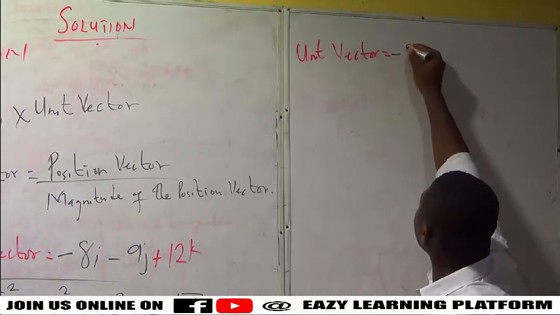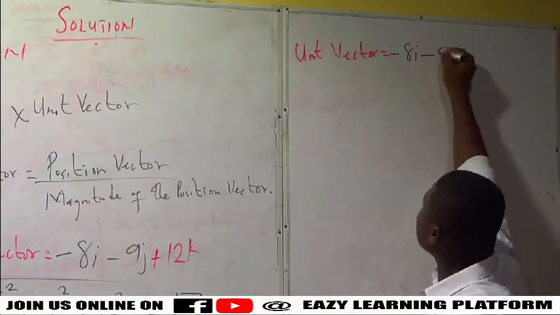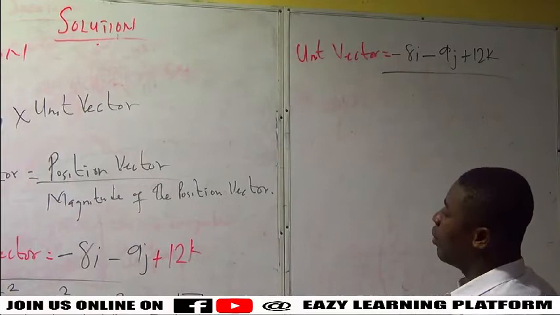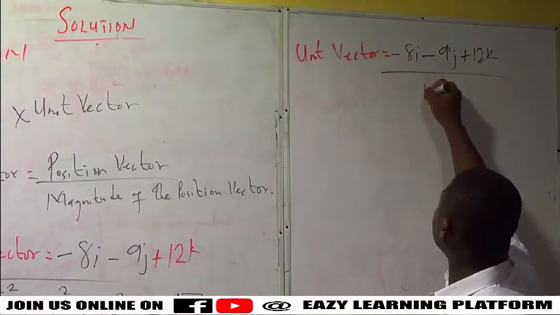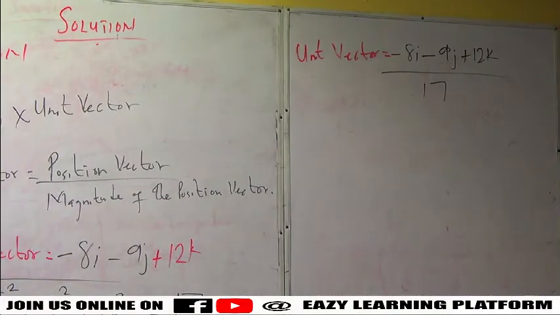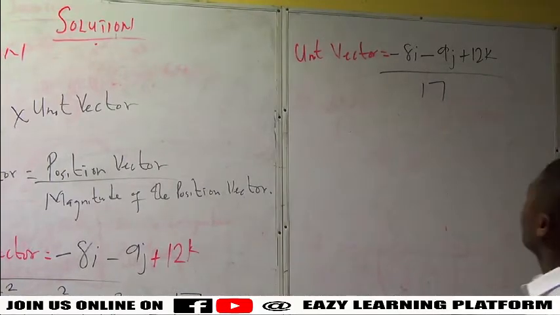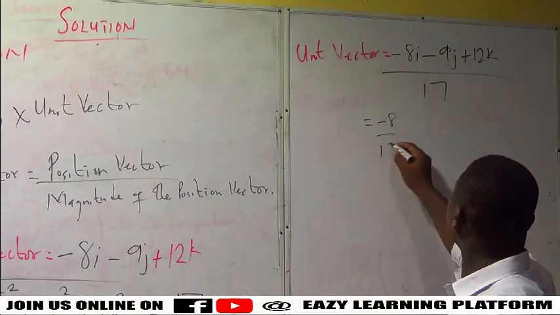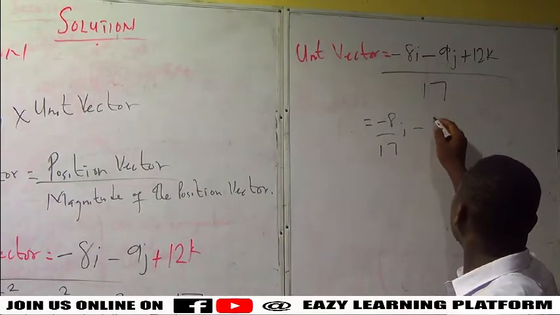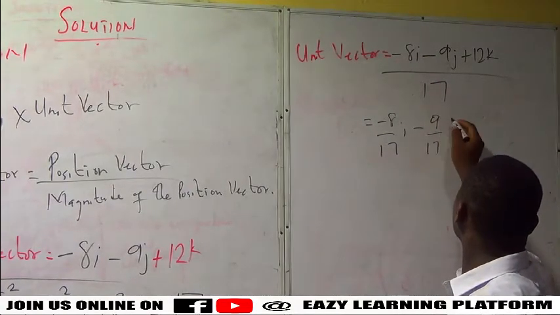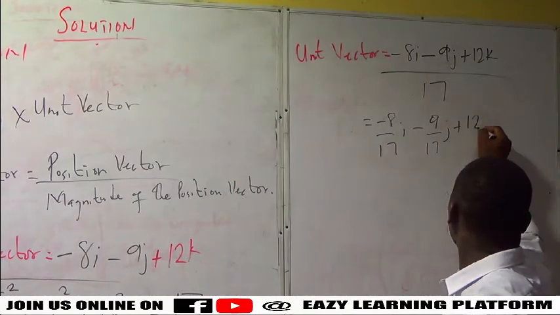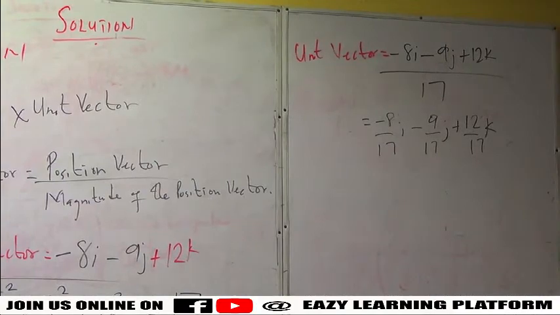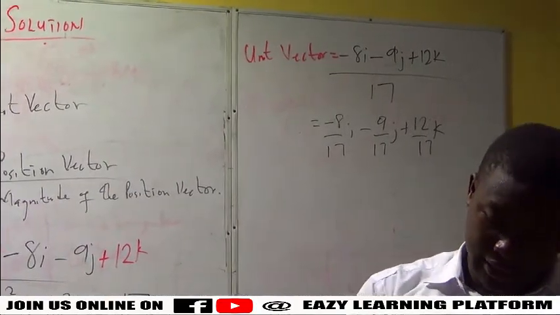So we have minus 8i minus 9j plus 12k all over 17. So we are going to have minus 8 over 17 i minus 9 over 17 j plus 12 over 17 k. And that will be the unit vector.